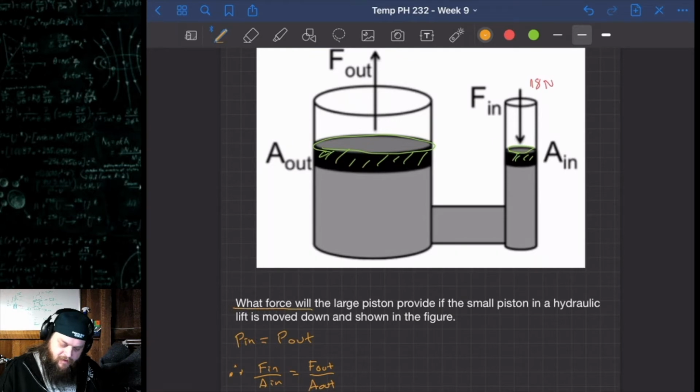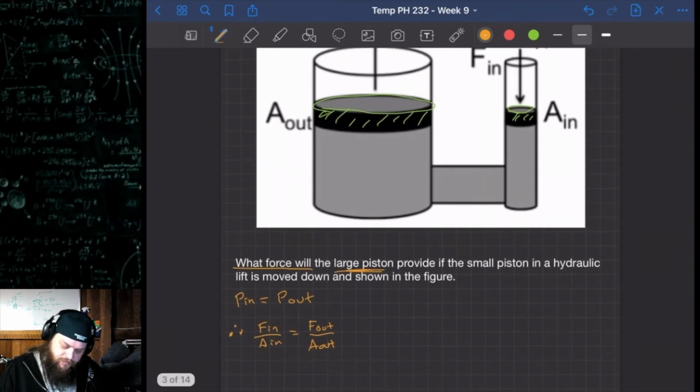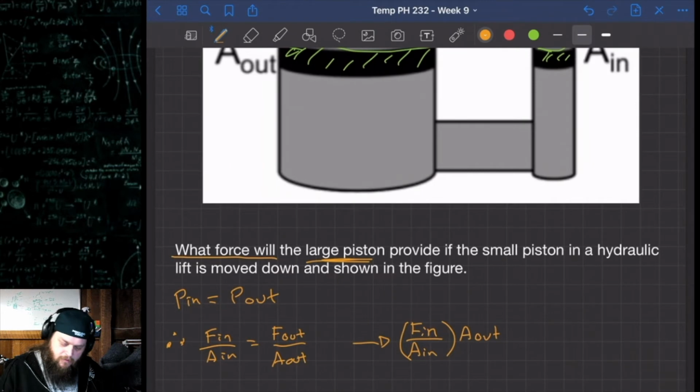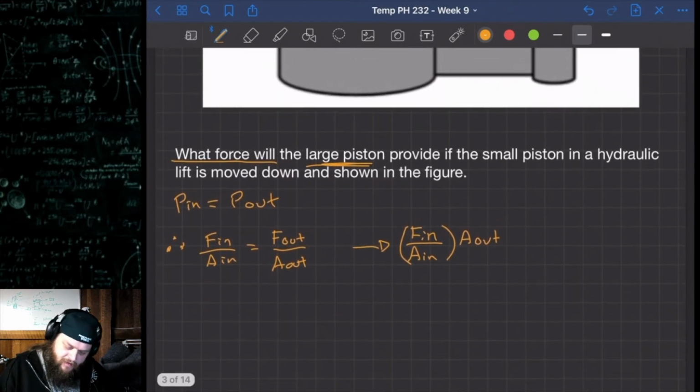So the force out, the large piston. Solving that for force out, I get force in divided by the area in, all times the area out, just multiplying each side by the area out. This gives us the value of the force out.